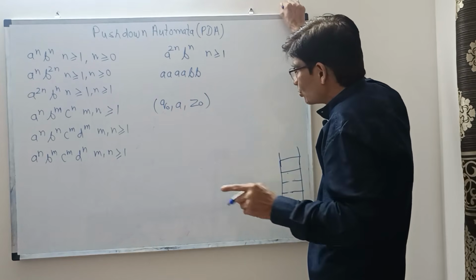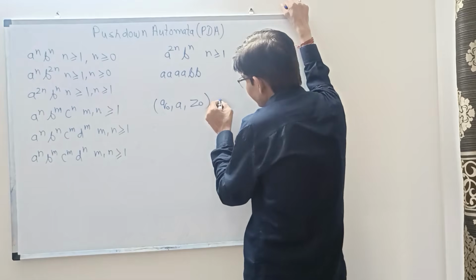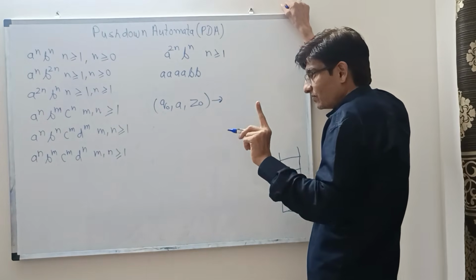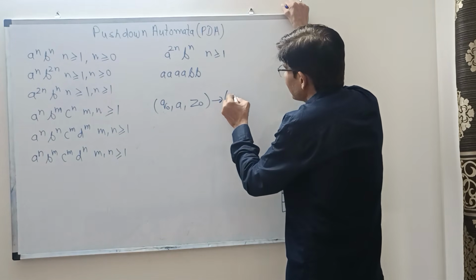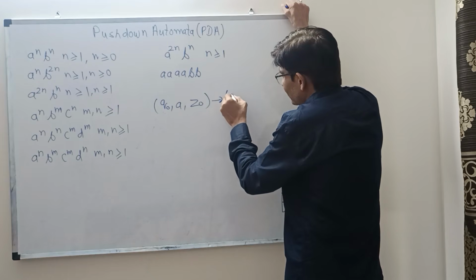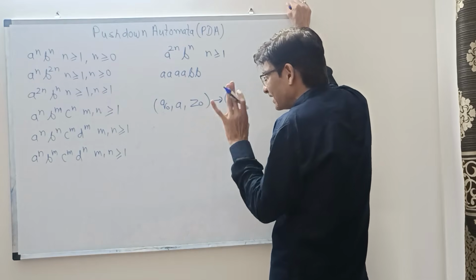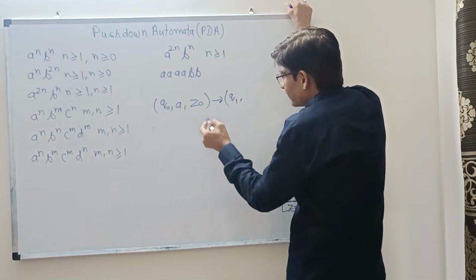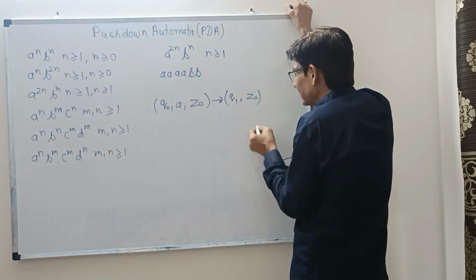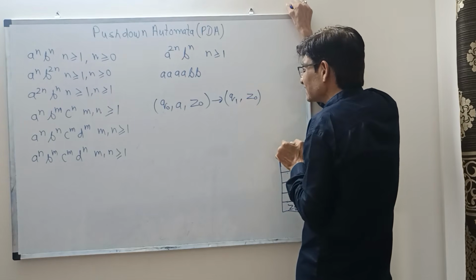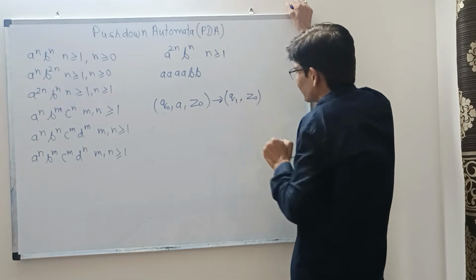So as I told you, when we are reading the first A of a pair, we will only change the state. So we will change the state to Q1. If we are not popping or pushing any element, we are not performing any operation on the stack, so we will take this Z0 as it is to the right hand side. That means we are not pushing any symbol into the stack, and we are not popping any symbol from the stack. So this is how you can represent this.